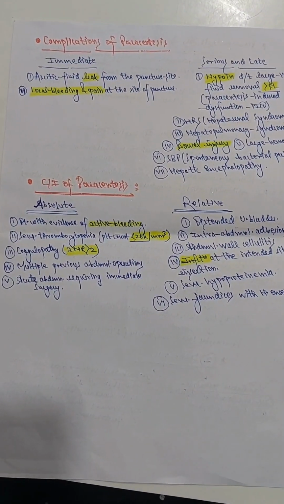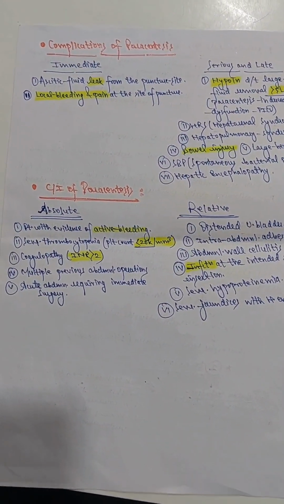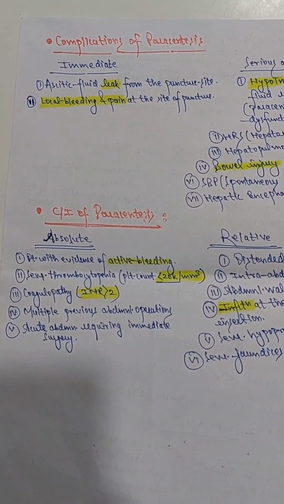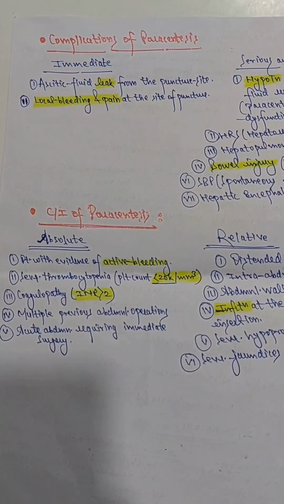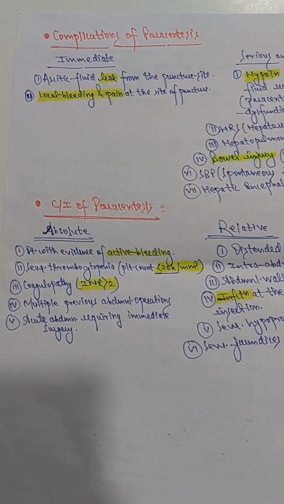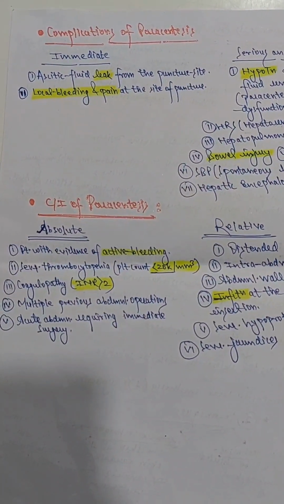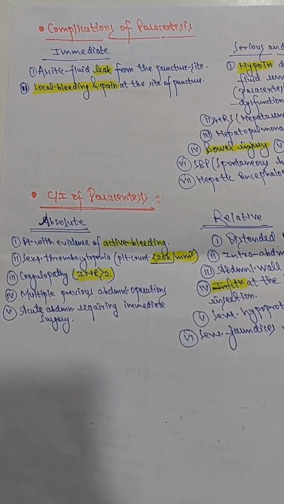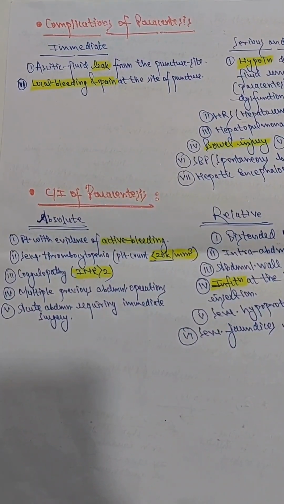And the absolute contraindications for paracentesis are: if there is evidence of active bleeding, or if platelet count is less than 20,000 per mm cube, that is severe thrombocytopenia, or if the PT INR is deranged, INR more than 2, multiple previous abdominal operations, acute abdomen requiring immediate surgery.